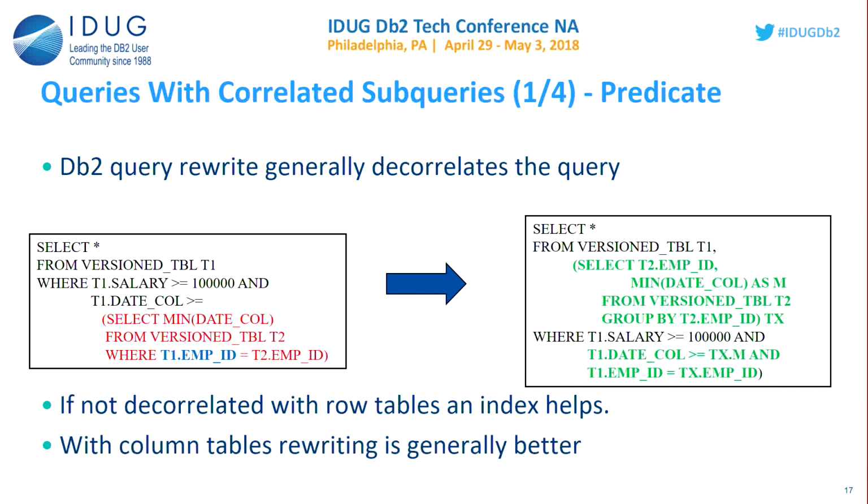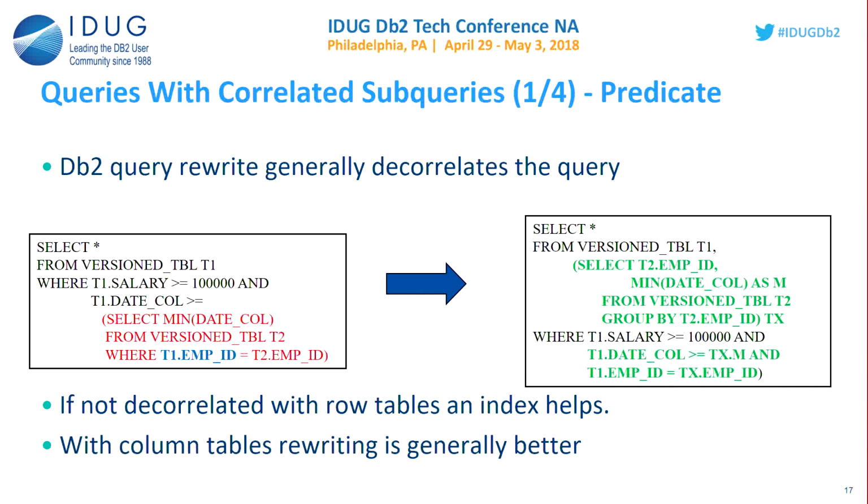So typically you write it as a subquery with an aggregation function and a correlated predicate. So for each value of emp ID in T1, we call this subquery, pass in that value, do the aggregation, and give the result back. It's a row-by-row process, and it's very, very expensive.